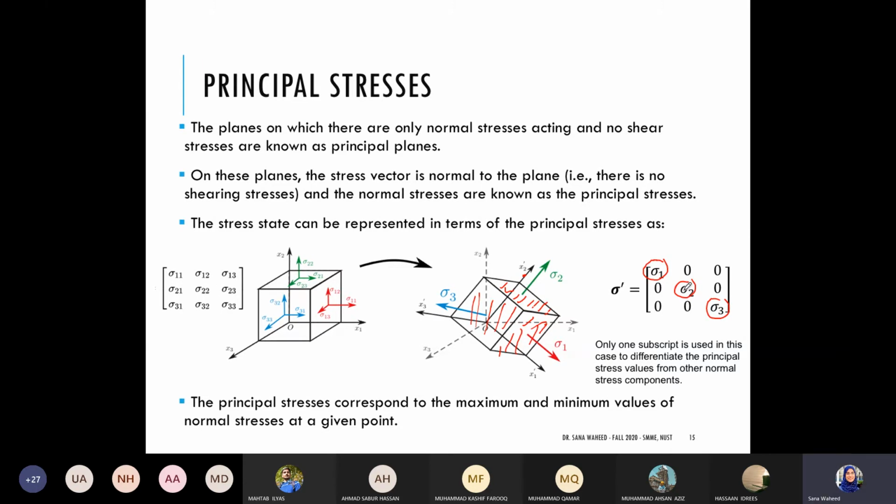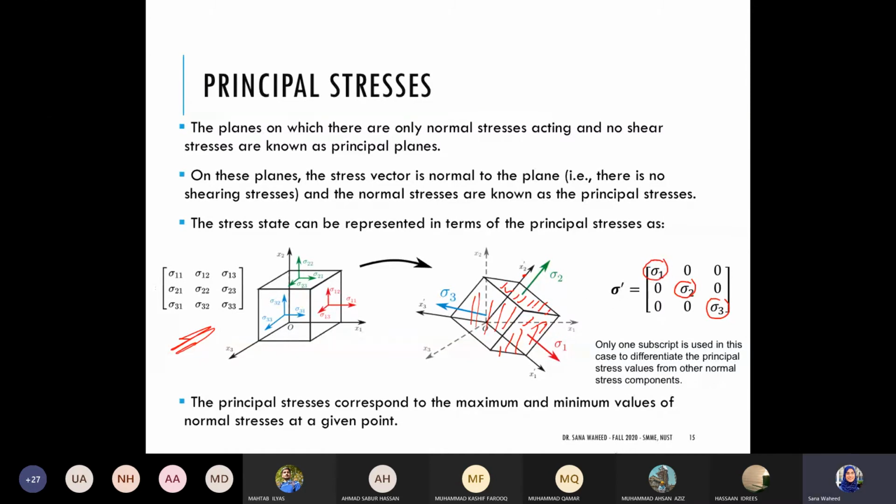And because they are mutually perpendicular to each other, I can represent this same stress state just in terms of the principal values, because these three are mutually perpendicular directions and their stress vector is represented just with its normal vector.